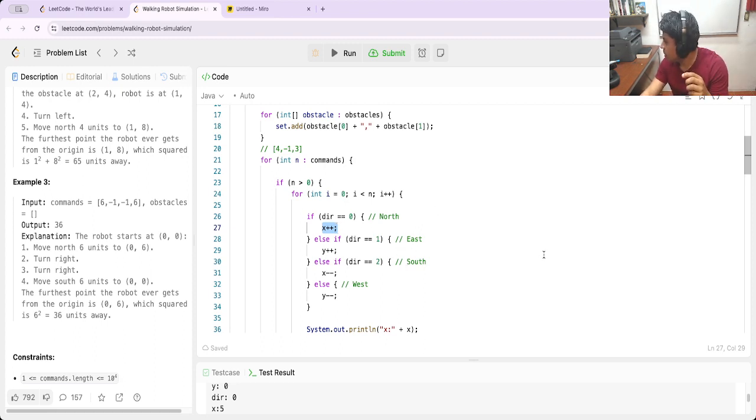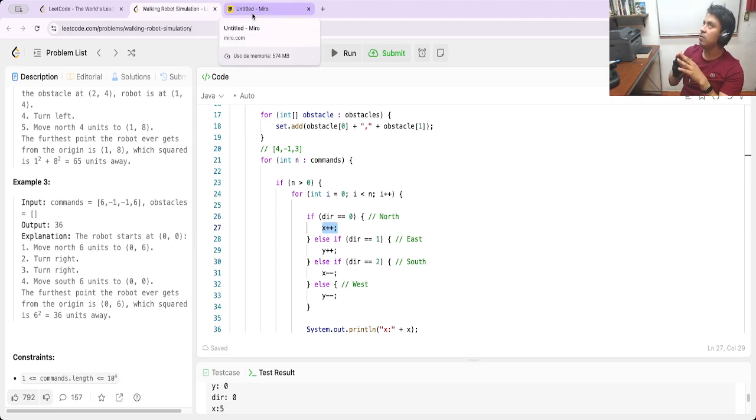You need to move x, but you, no, because you only have the possibility to move in a single direction.